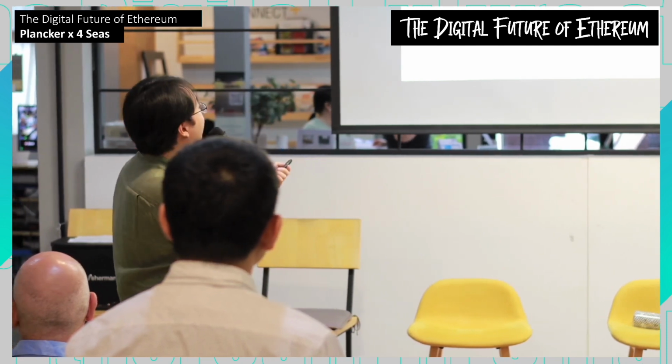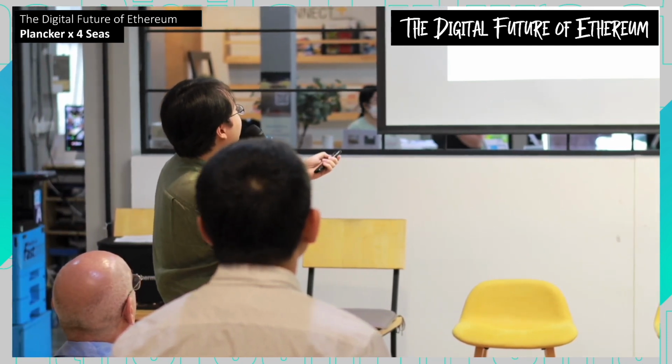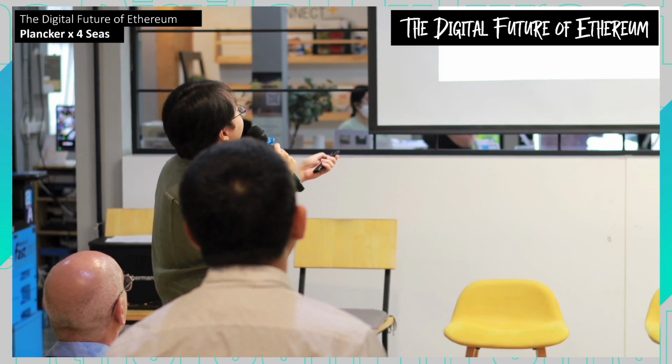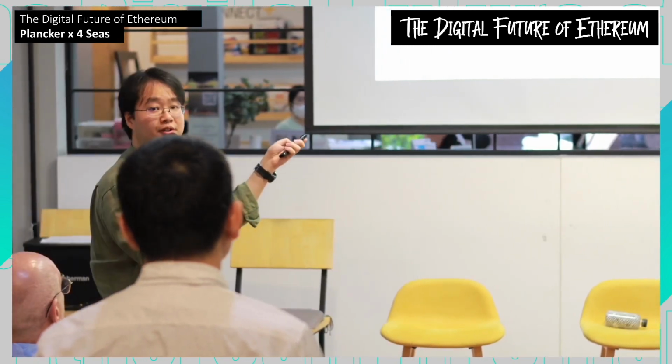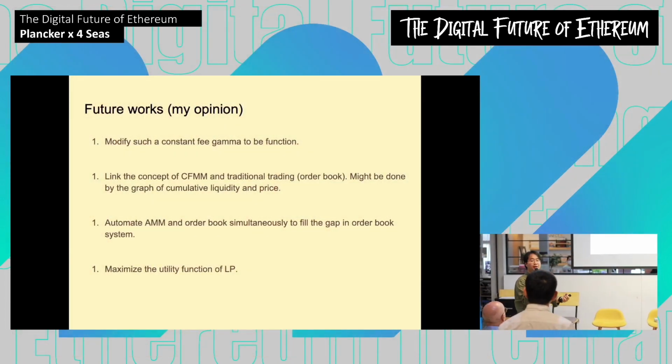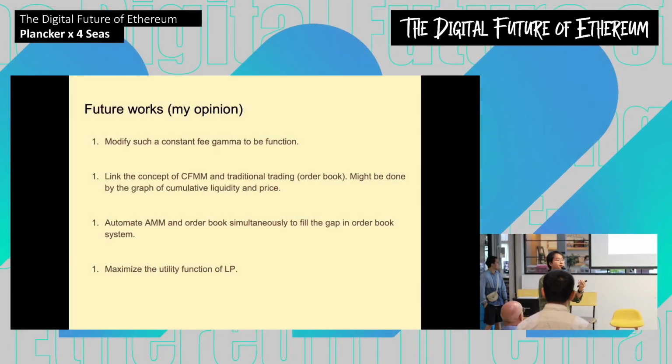So that's why, when I said the first one, modify such a constant fee gamma to be a function, this function must have a domain, right? And the domain can be any variable. And somehow people can put in, for example, like I said, the new token. If you want to take that risk, you have to pay more fee.